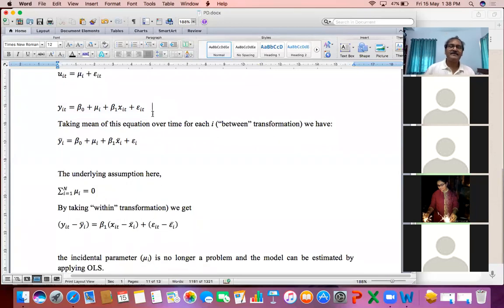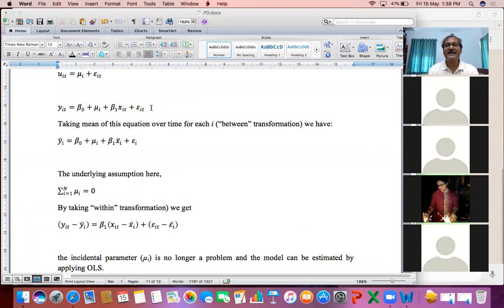One simple way is that if we somehow eliminate mu_i from this model, there will be no problem of the appearance of unobserved variables in your model. But we cannot simply eliminate it, we cannot delete it. We have to eliminate it meaningfully by following some statistical norms. If we can eliminate mu_i from this model by following some statistical norms, then we can estimate this model.